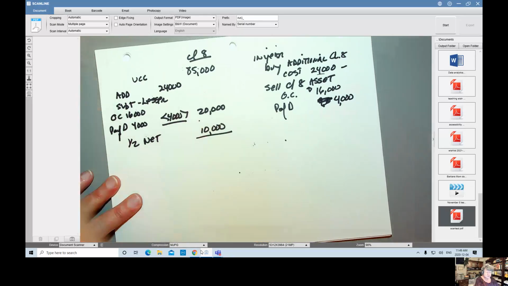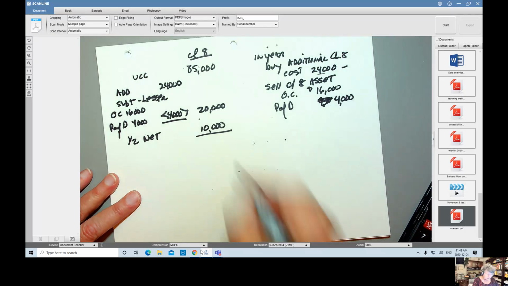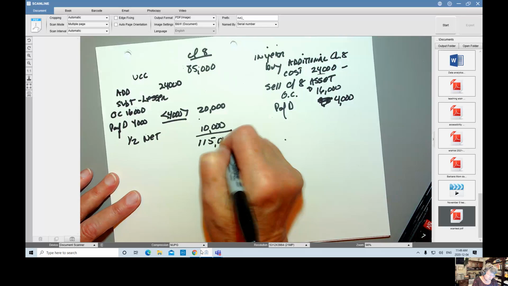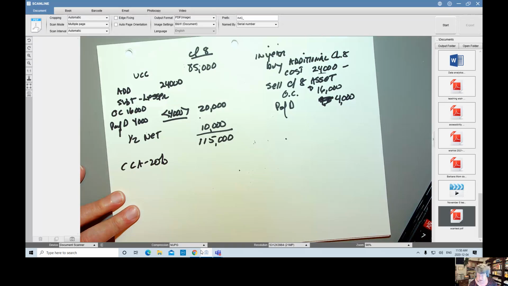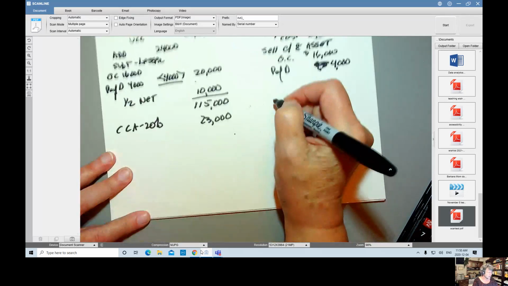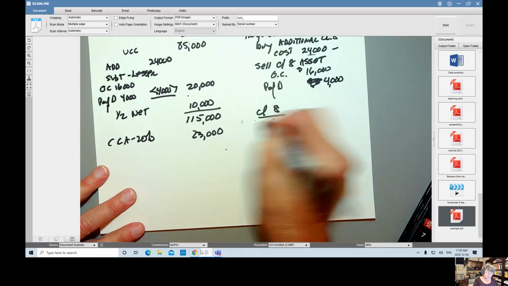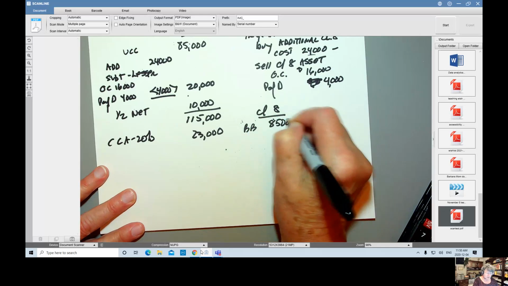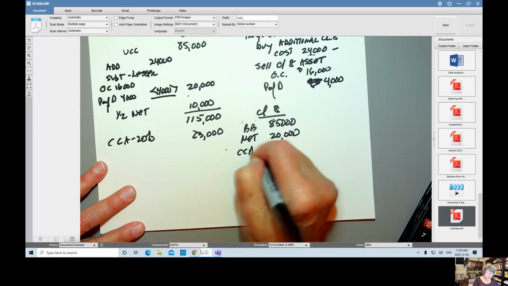All right, so my CCA for the year would be the 85,000 plus 20,000 plus 10,000. So that's 115,000. CCA at 20%, Class 8 is a 20% class. So that's 23,000. So my ending balance going into the next year, I have that Class 8: the beginning balance of 85, the net additions of 20, and the CCA of 23.